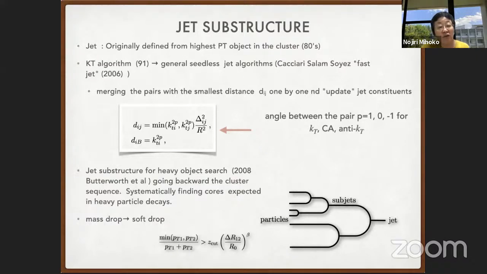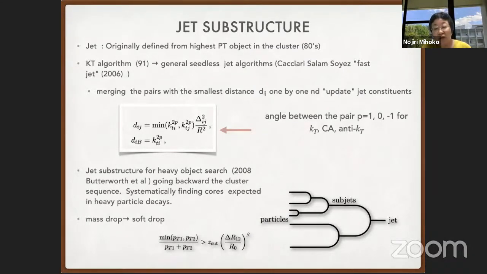The idea is that you want to merge the pairs with the smallest distance one by one, and update the jet constituents until you reach a certain jet diameter R. This distance is defined by the angle between the particles, and sometimes you have a factor of the kTs of the constituent particles.